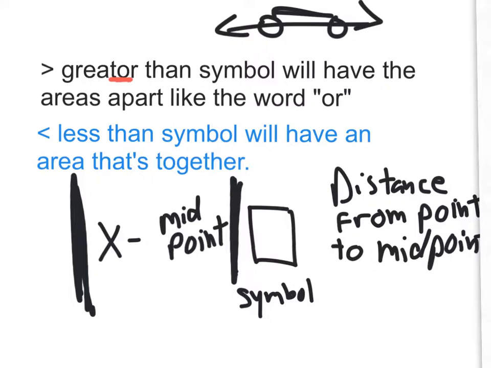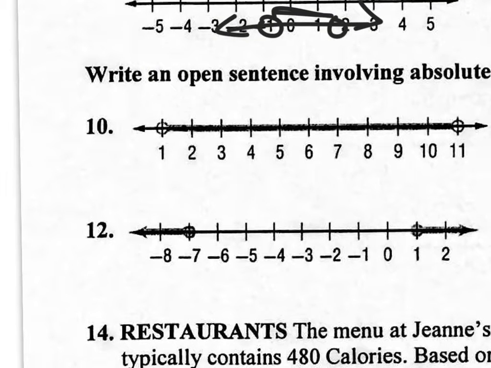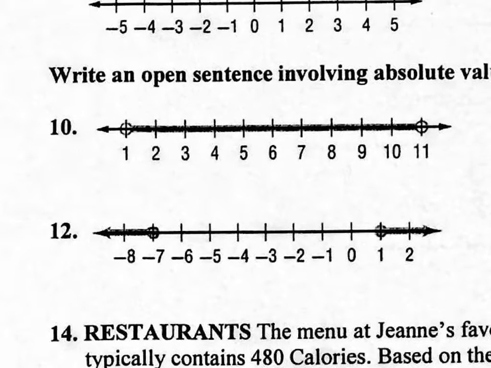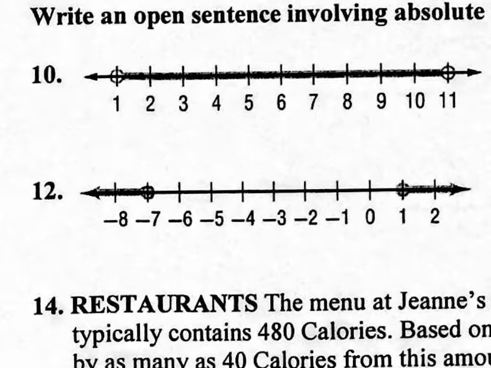So let's go back to number 10. Let me get this out of the way. So going back to number 10, we're going to set it up. Let me zoom in a lot because there's not much space. You're probably going to have to write this on a separate sheet of paper. But I want to put the absolute value of x minus, well, what is the midpoint? Well, you're here and you're here. One in, one in. What's the midpoint? 6.